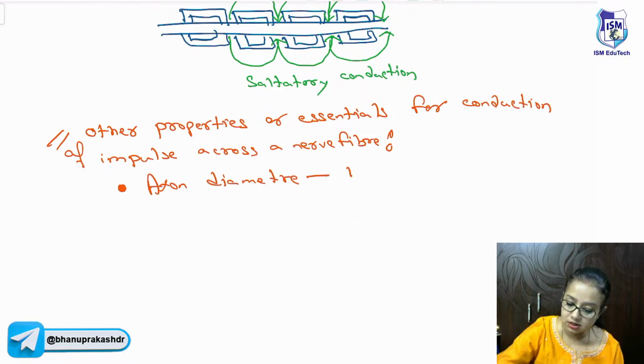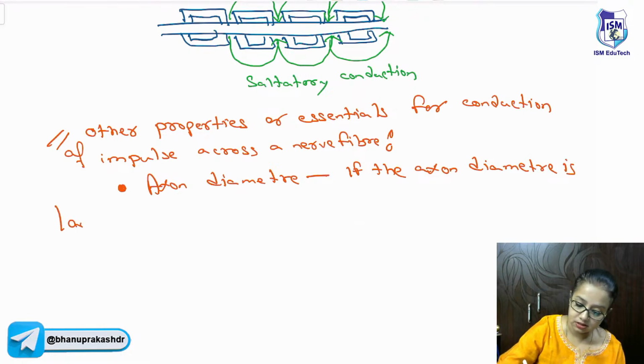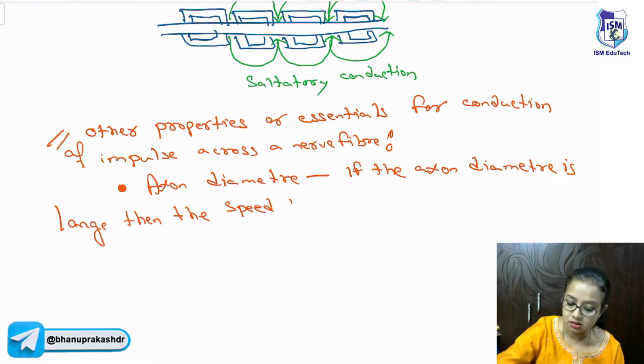If the axon diameter is large, then the speed or velocity of conduction is more.